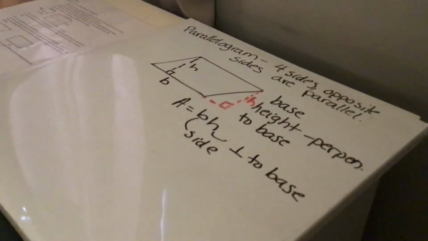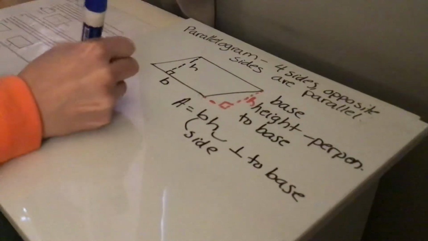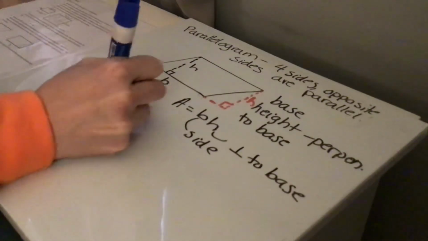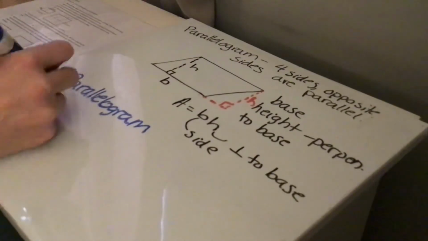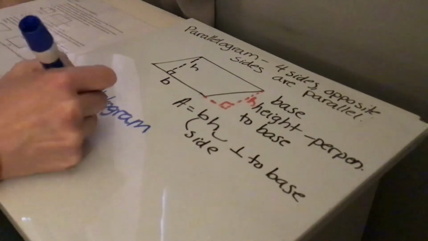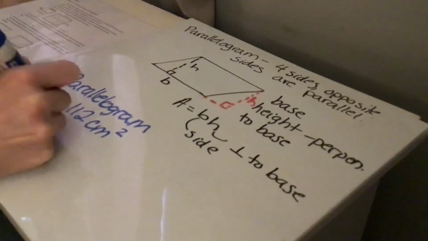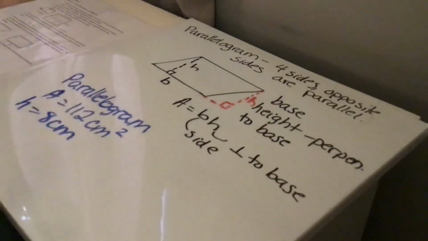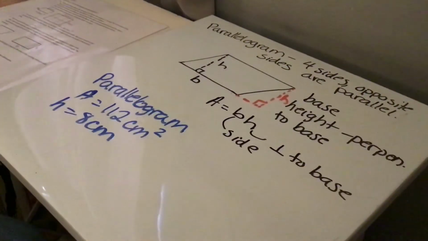Okay? So then, looking at some examples dealing with area, okay? We want a parallelogram where the area is 112 square centimeters and the height is 8 centimeters. We can use that to find the base, okay?